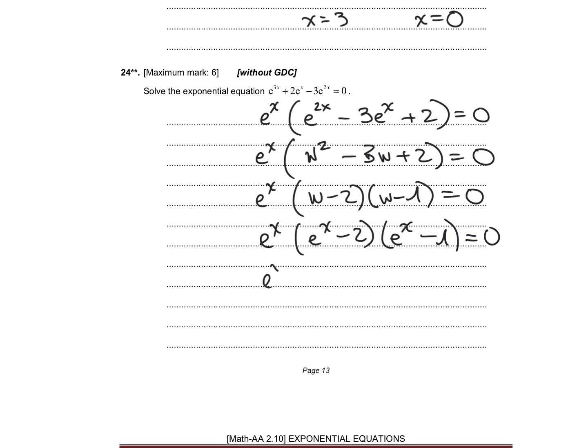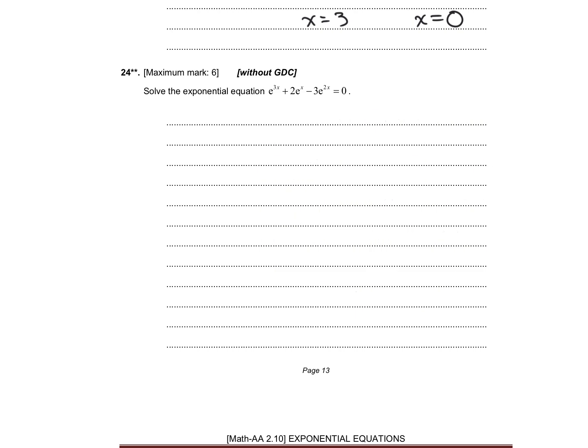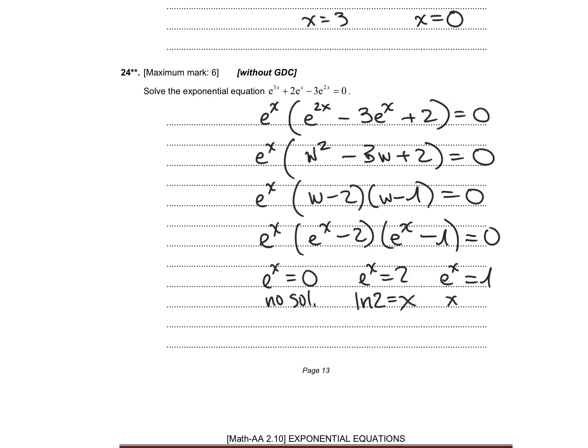And we have either e^x is 0, which is no solution, e^x is 2, which is going to be natural log 2 is x, and then e^x is 1, which is x is 0.